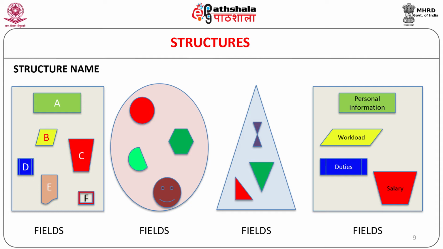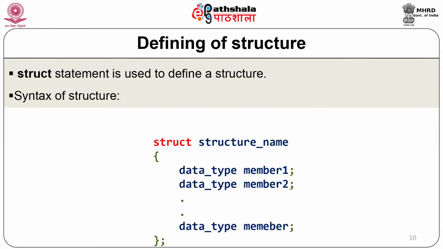It means there are different data types. Similarly, for personal information, you will find workload, duties, salary, etc. under the square image. It means there is a single name for the structure and multiple field names, or you can say multiple members. Defining of structure.